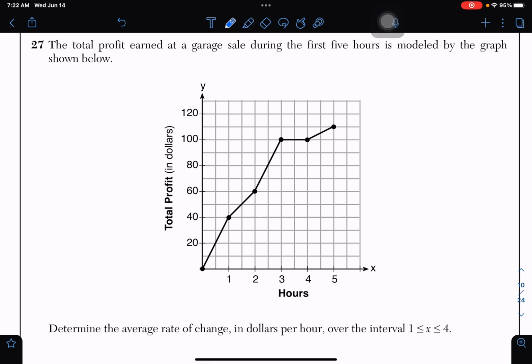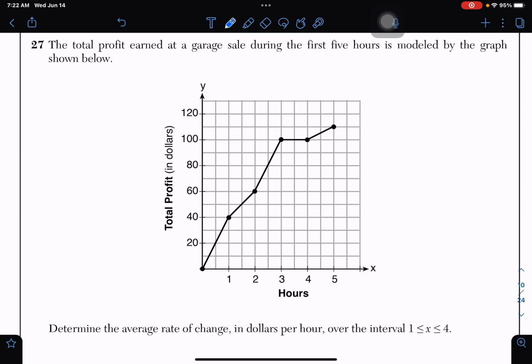So we have a graph here. The profits of a garage sale during the first 5 hours is modeled. So you can see they make money going up to 2, and then they make a little less, and then they make a little more because it's steeper. So the steeper slopes mean more money. We could see between 3 and 4 they didn't make any money, and then they made a little money from 4 to 5.